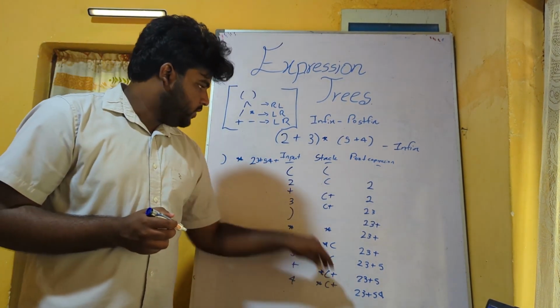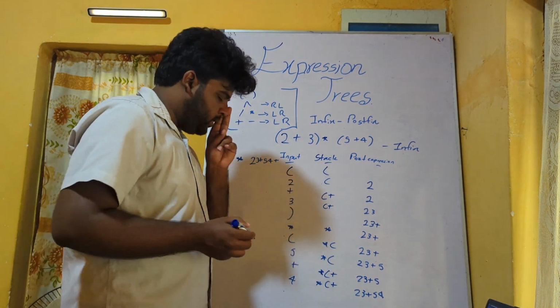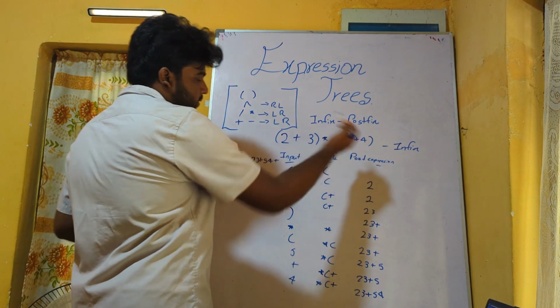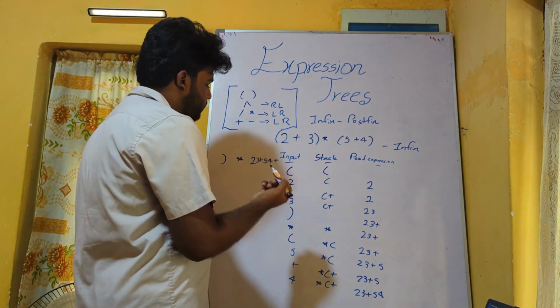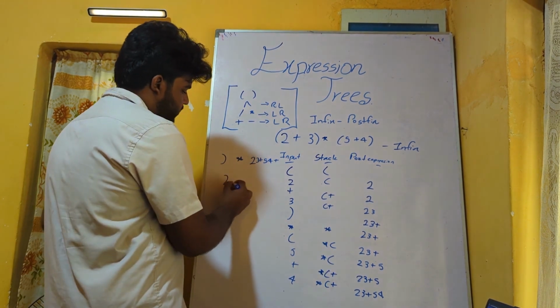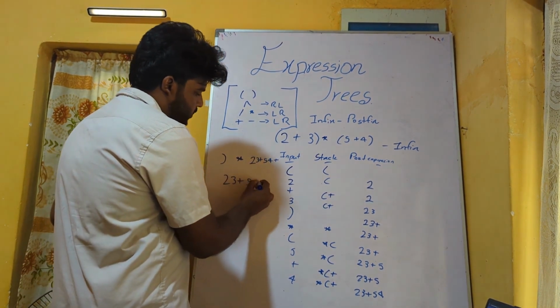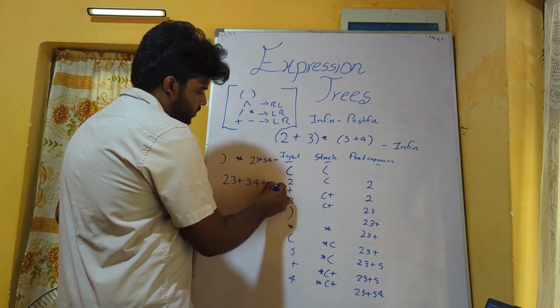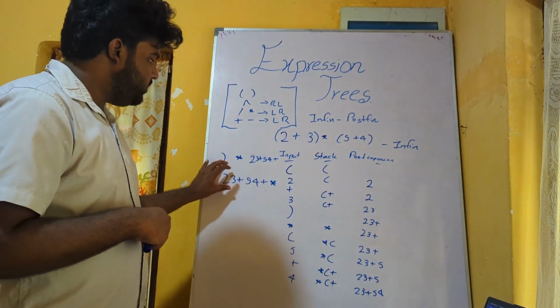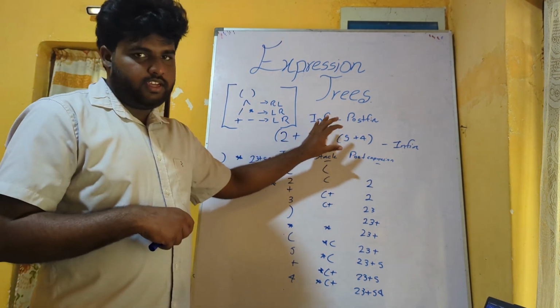This is the operator which I popped. Next, my expression is done now, so I can simply pop the remaining operator and create the postfix expression. So this is the postfix expression of this infix expression.